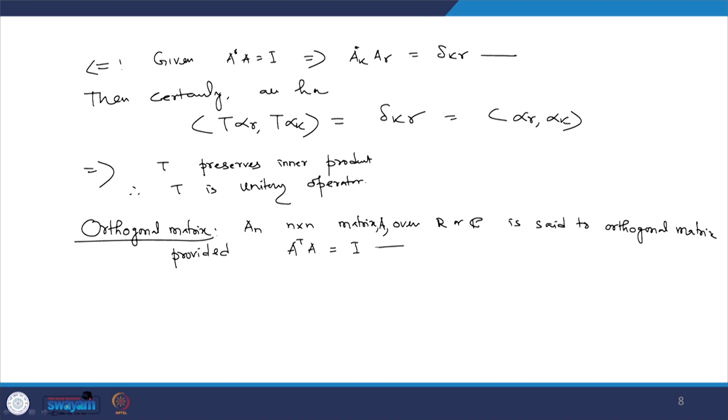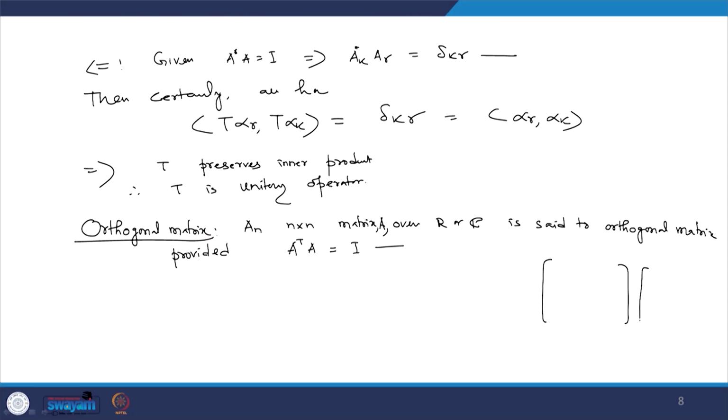Friends, let me also recall one thing here from while proving the last result, that is if A star A equal to identity, then it gives me unitary operators. Here A star A equal to identity means, if I write it in explicit matrix form, this is your A1, A2 and AN; each column will go with one row, with the conjugate bar.